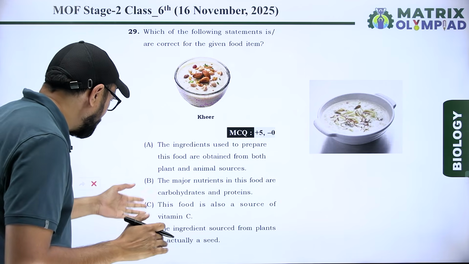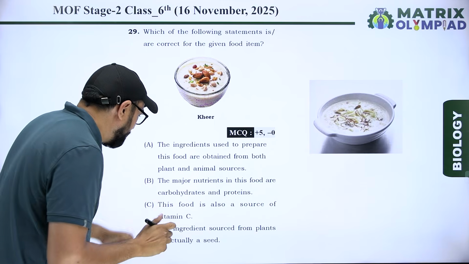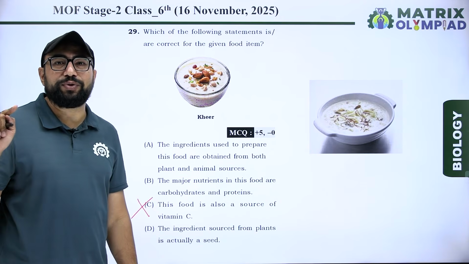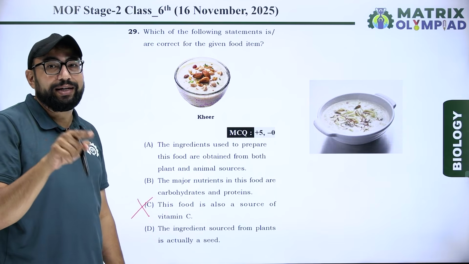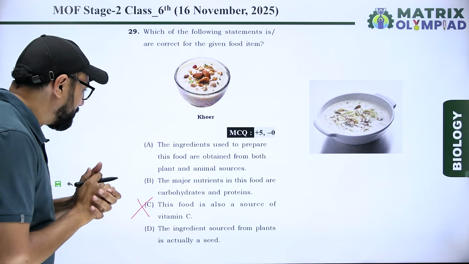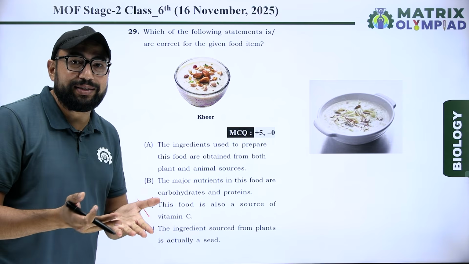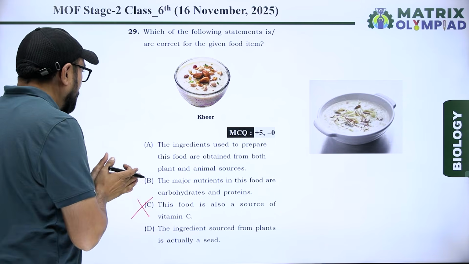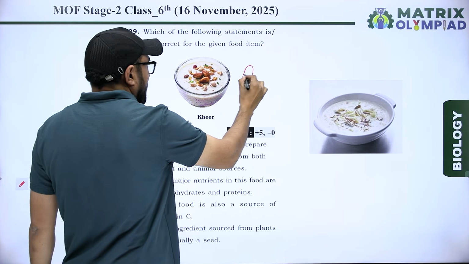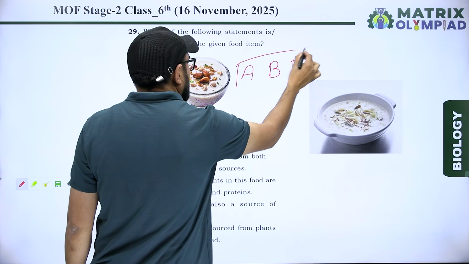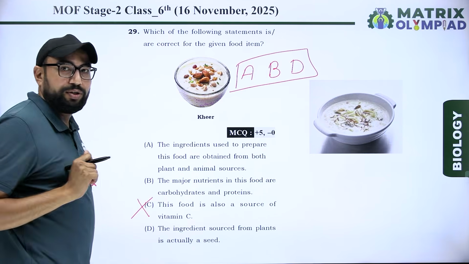Right. This food is also a source of vitamin C. No. Vitamin C is present in citrus fruit, not in milk, not in rice. The ingredient sourced from plants is actually a seed. Yes, rice is a seed. So in multiple choice, A, B and D are right for this question.